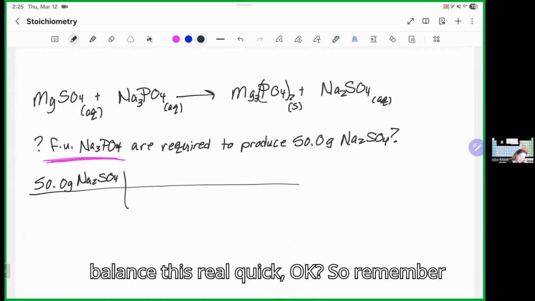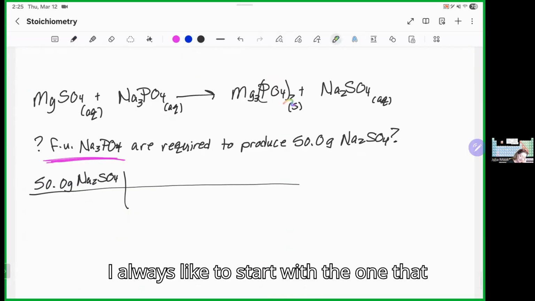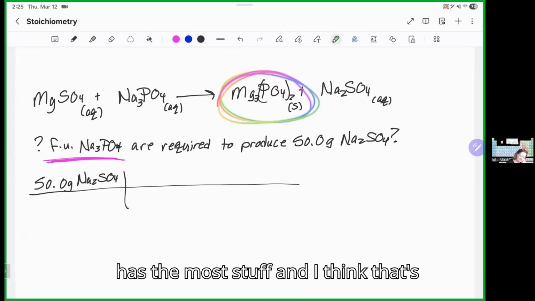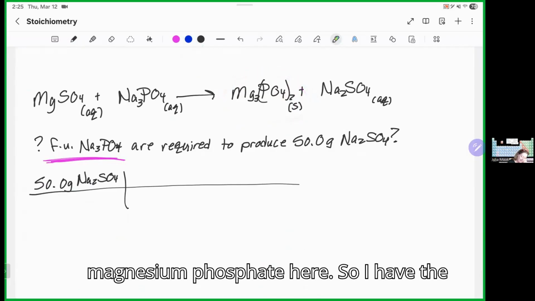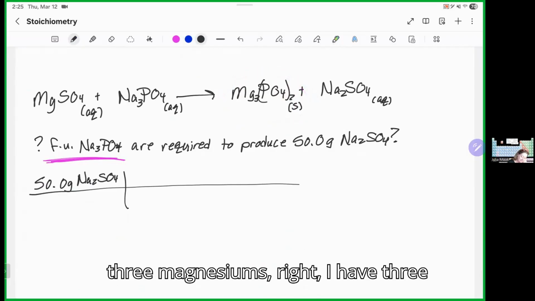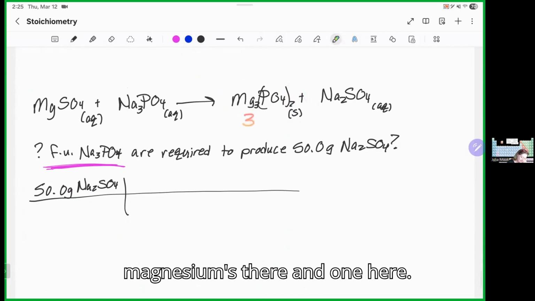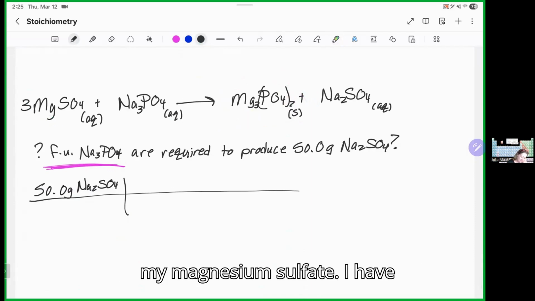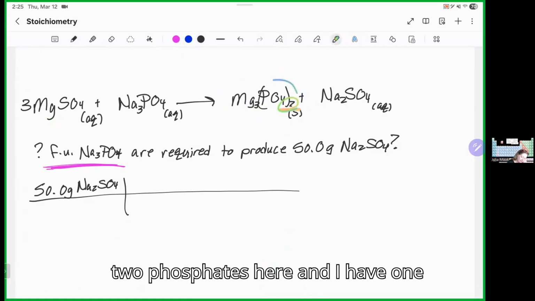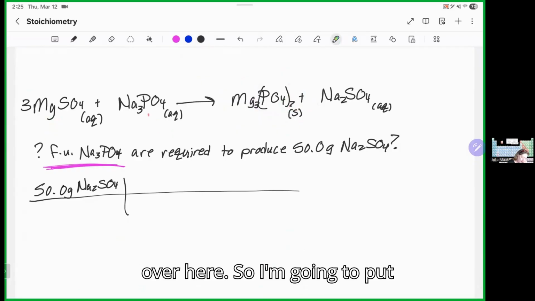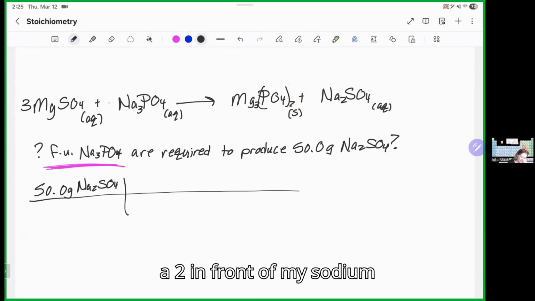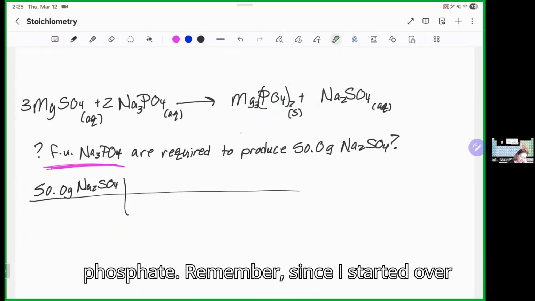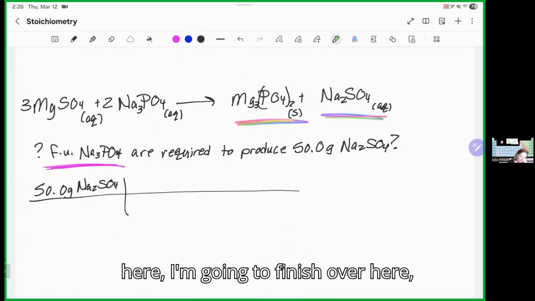Remember, I always like to start with the one that has the most stuff, and I think that's magnesium phosphate here. I have 3 magnesiums there and 1 here. So I'm going to put a 3 in front of my magnesium sulfate. I have 2 phosphates here, and I have 1 over here. So I'm going to put a 2 in front of my sodium phosphate. Remember, since I started over here, I'm going to finish over here.